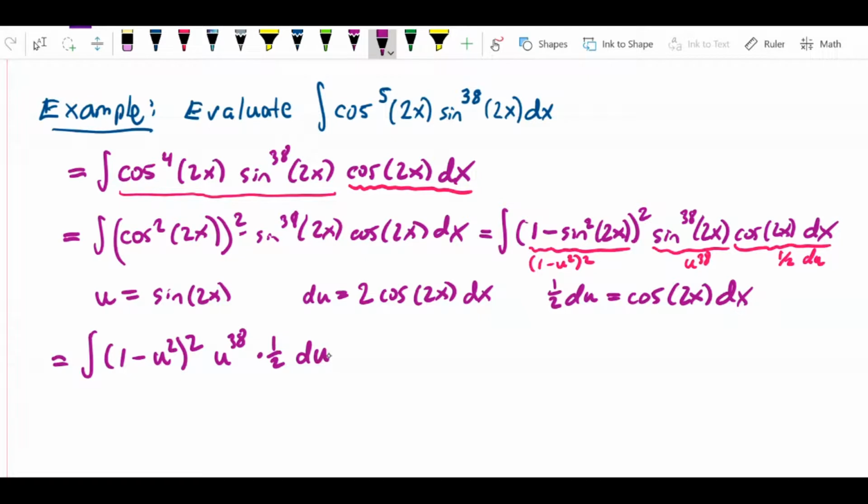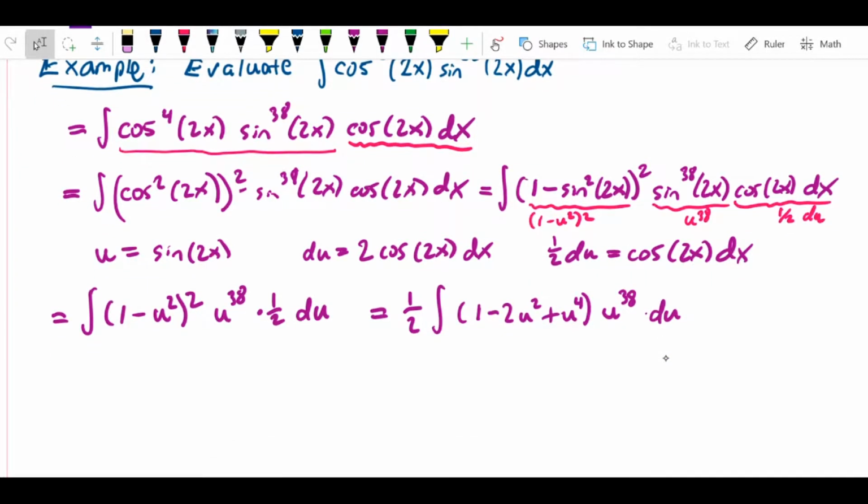I'm going to take the 1 half out front. Now I want to expand this term, 1 minus u squared squared, as 1 minus 2u squared plus u to the fourth, and then I still have the u to the 38th, and a du left over.